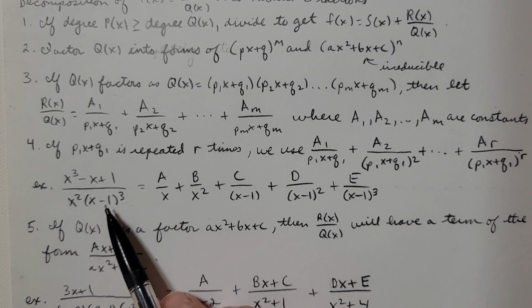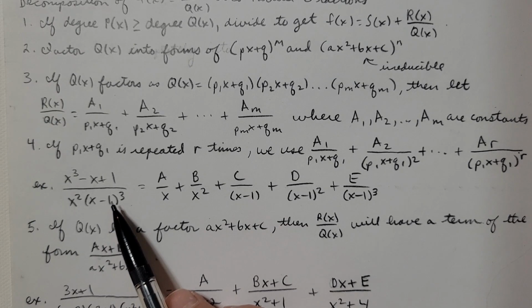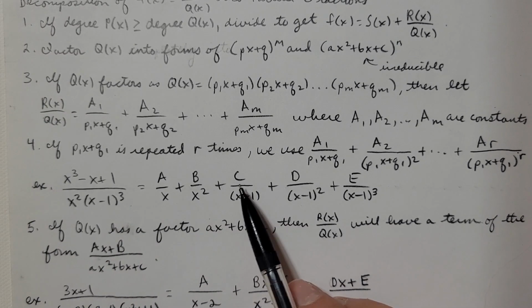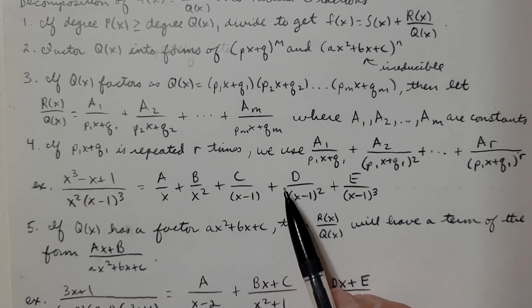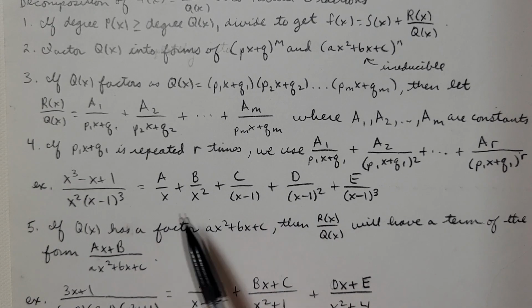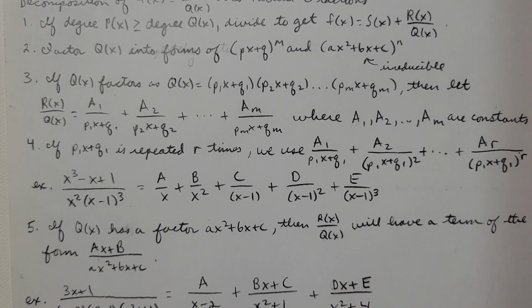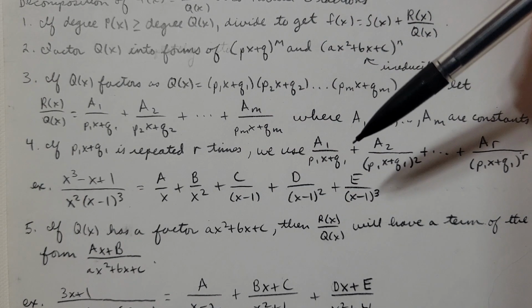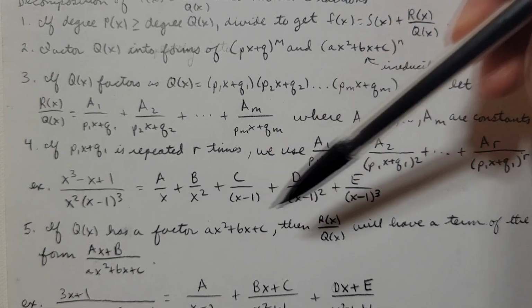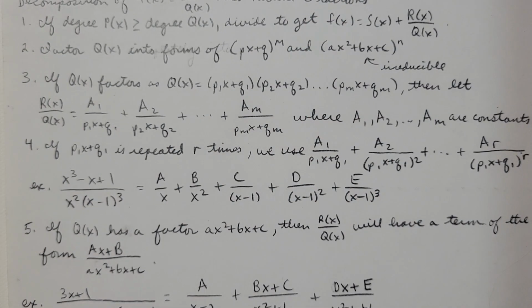And then now x minus 1 is repeated 3 times. So I'm going to have, say, plus c divided by x minus 1 plus d divided by x minus 1 squared plus e divided by x minus 1 cubed. And this would be the partial fraction decomposition for this guy here.